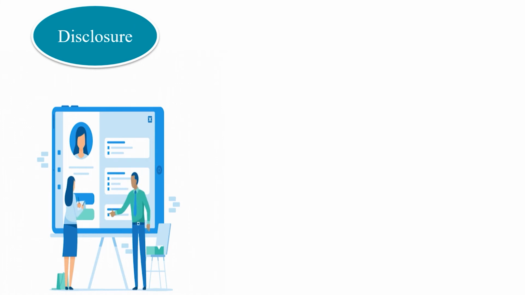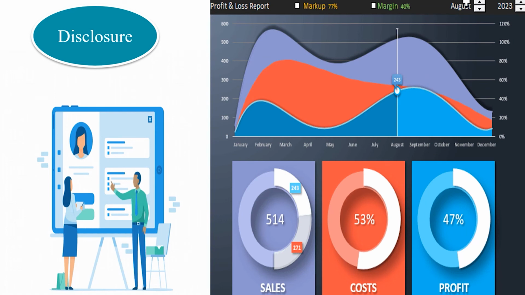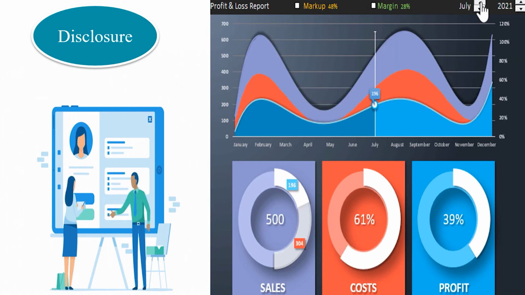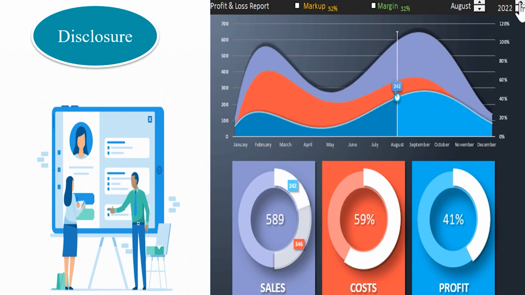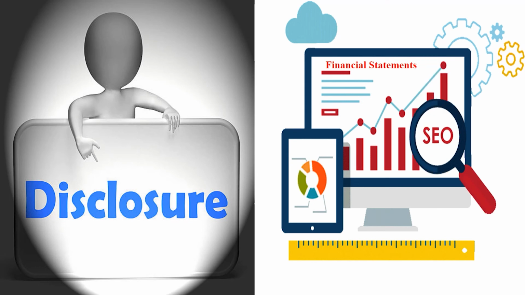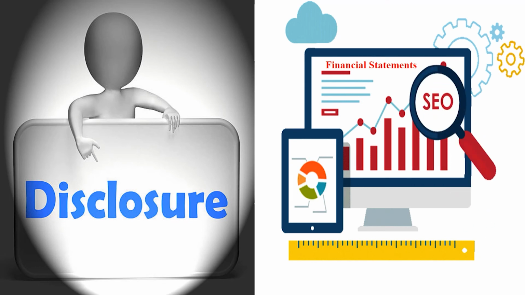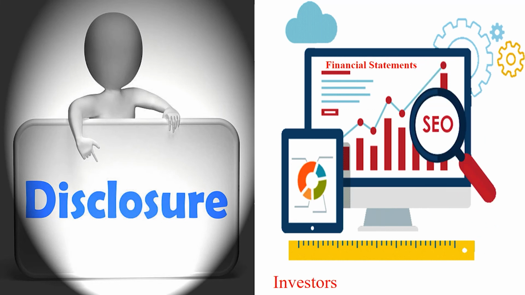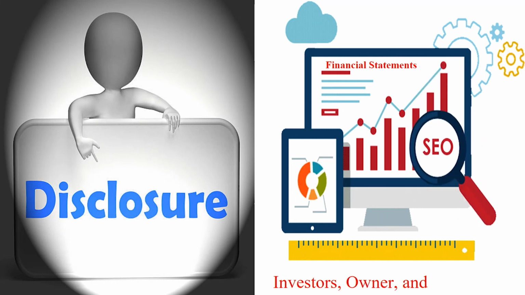The purpose of these provisions is to disclose all essential information so that the view of financial statements should be true and fair. However, the term disclosure does not mean all information. It means disclosure of information that is significant to the users of these financial statements, such as investors, owners, and creditors. The third convention is the convention of materiality.